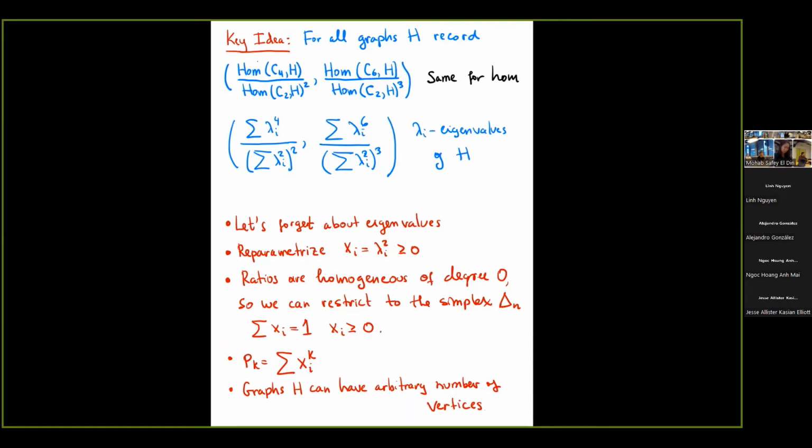Yeah. How much do you lose when you throw away graphs and consider all the...? Well, the bottom line is that we don't lose anything. Somehow recording this for arbitrary xi's and just reporting them for graphs will not make a difference. But maybe that's not obvious. Well, they give me these nice polynomials.